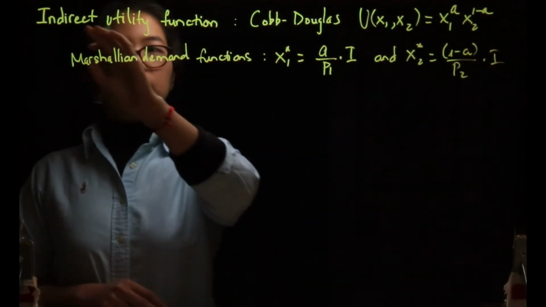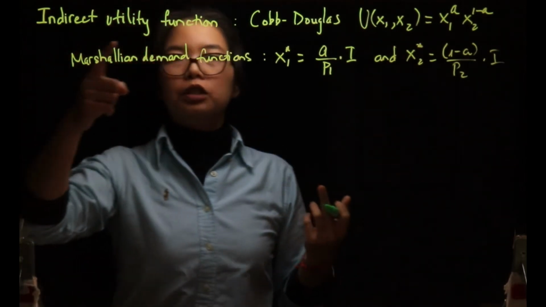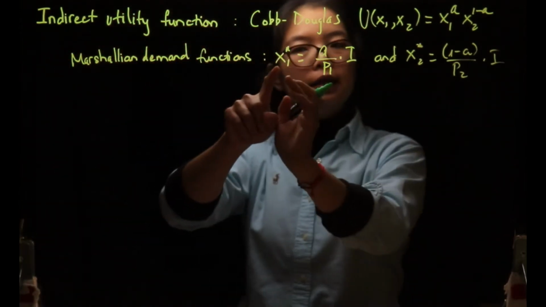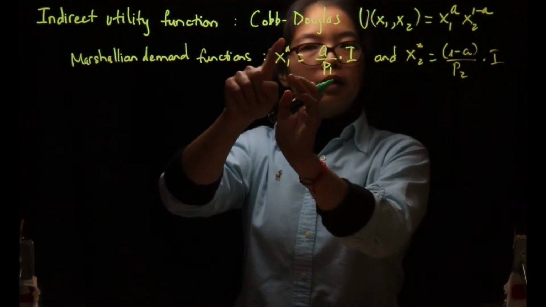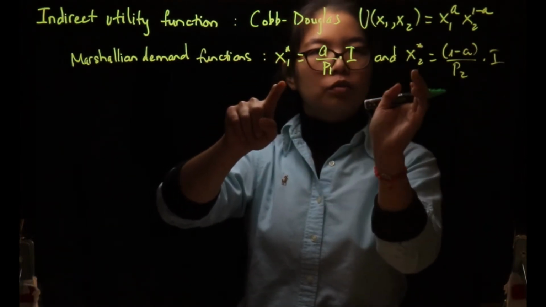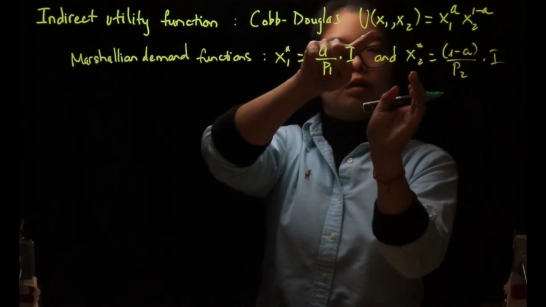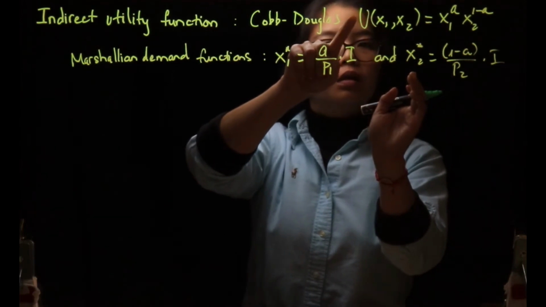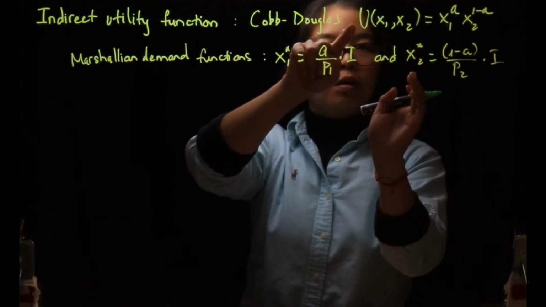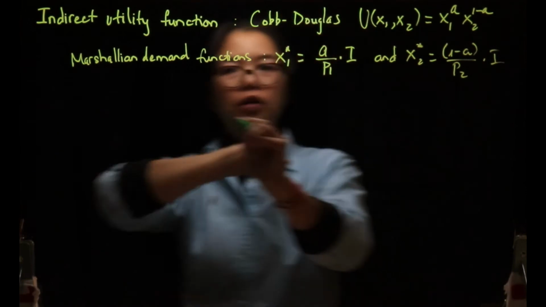Now, the idea of indirect utility functions is that we plug these x1 star and x2 star into the original functional form of the utility function.